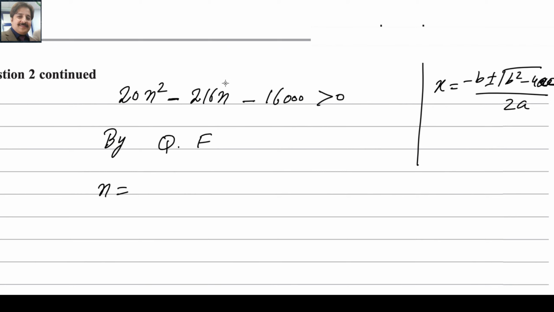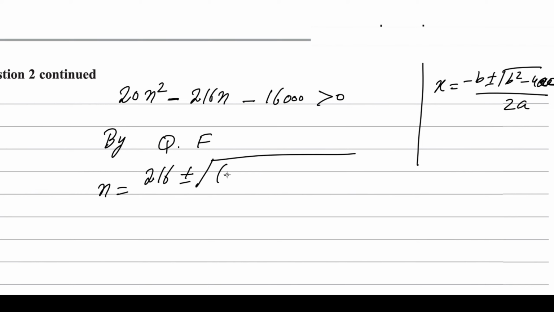So b will be minus 216. So this minus and that minus makes it plus, so it will be 216 plus minus square root of minus 216 whole square minus 4ac. A is 20 and c is minus 16,000 divided by 2a.